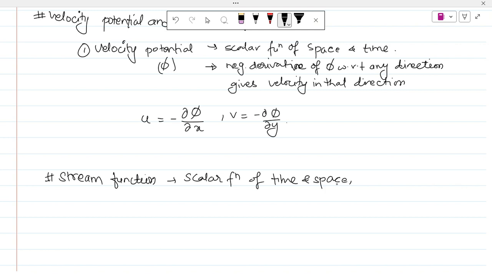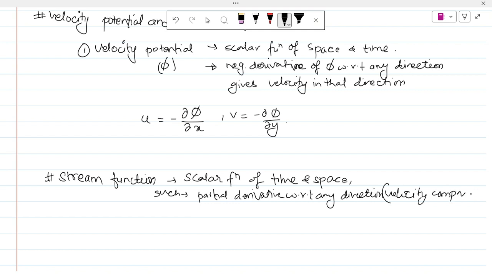Its partial derivative with respect to any direction gives the velocity component at right angle to this direction.